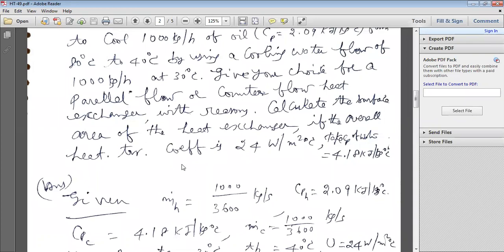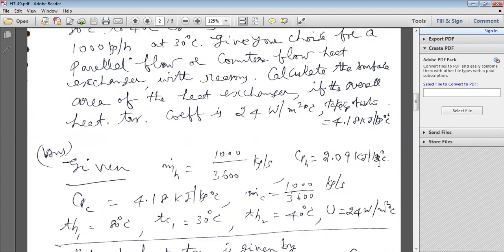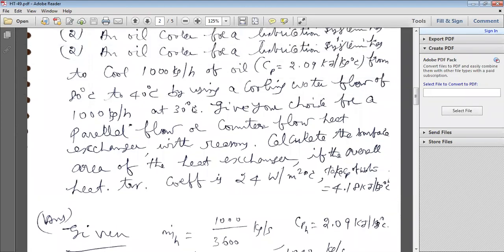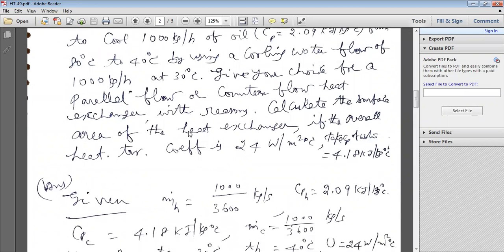If the overall heat transfer coefficient is 24 watts per meter square Kelvin, take the specific heat of water as 4.18 kilojoules per kg Kelvin. First you have to verify which choice, parallel flow or counter flow, is better for this design.